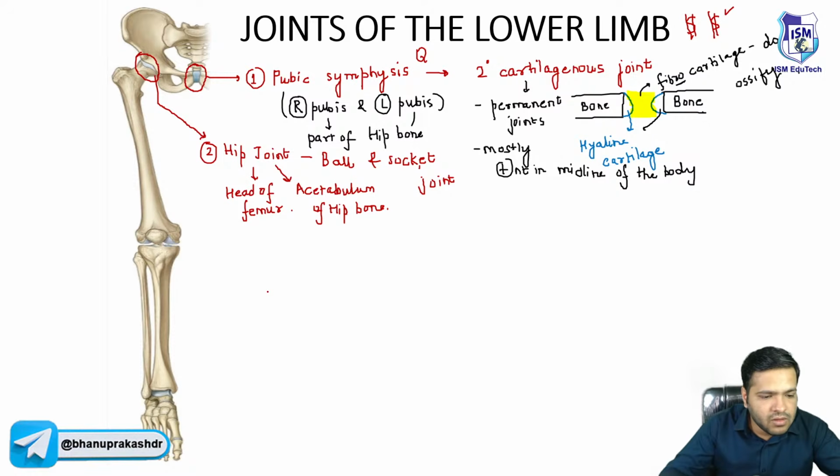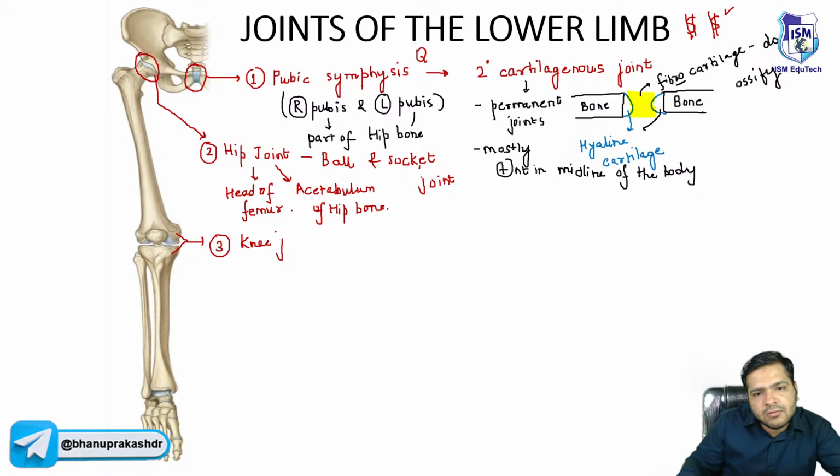Now the third one, beta, we have the knee joint, the true knee joint. Basically, remember beta, if it is a true knee joint, it will be only femur and tibia.